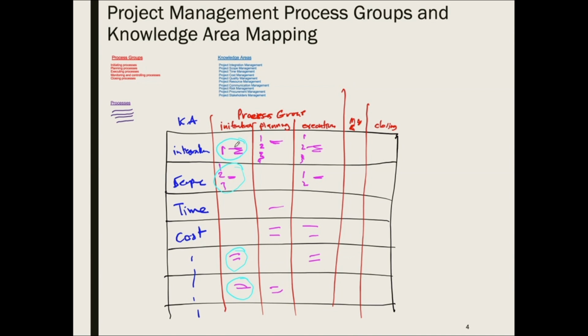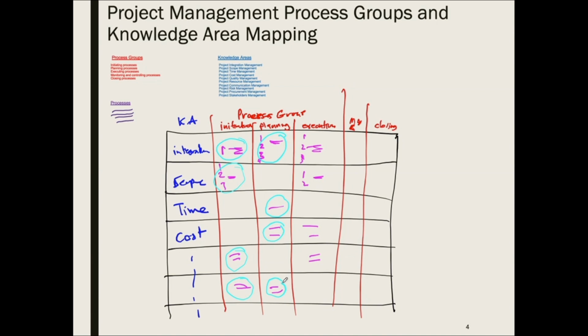So these are the processes that you're going to implement in the initiation phase, or in the beginning of the project. Then when it comes to the planning, we will focus on integration, time, cost, and this. So this is how you read this table. For example, time in the initiation is not there, so there are no processes related to time in the initiation. So this is how they develop the coming table.